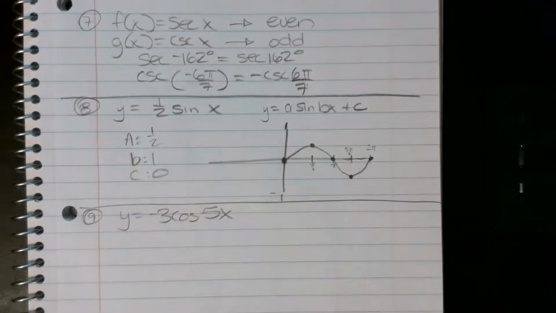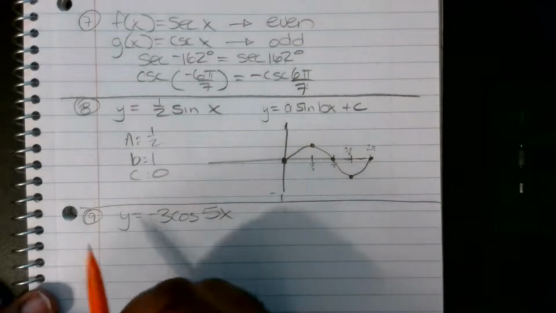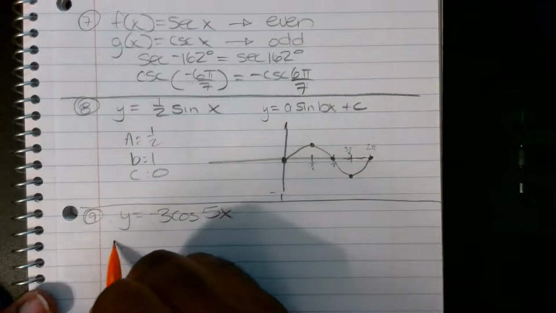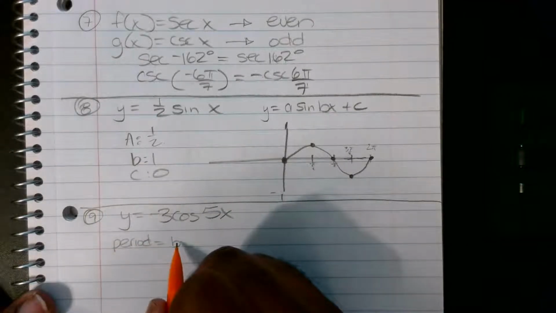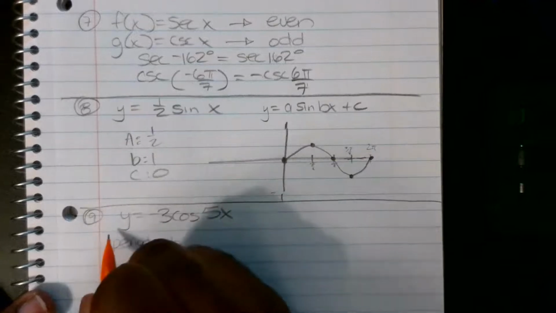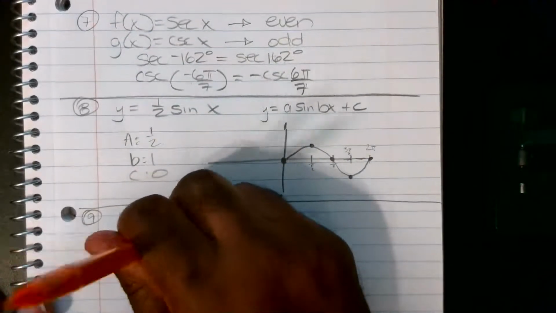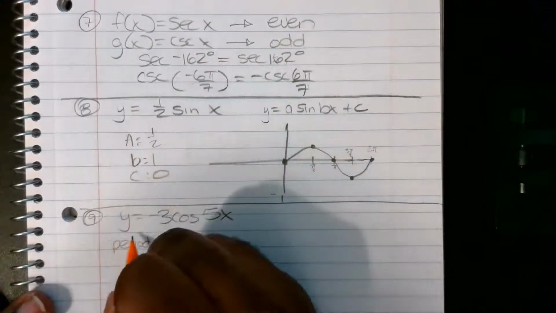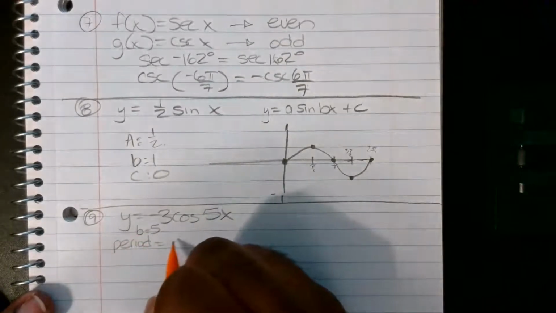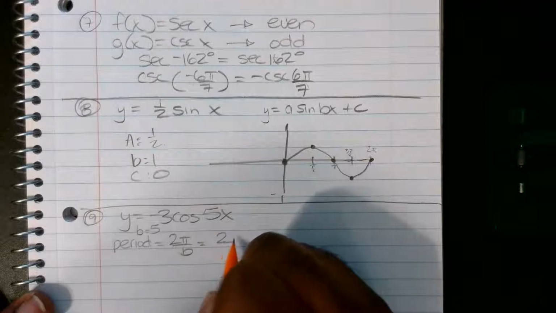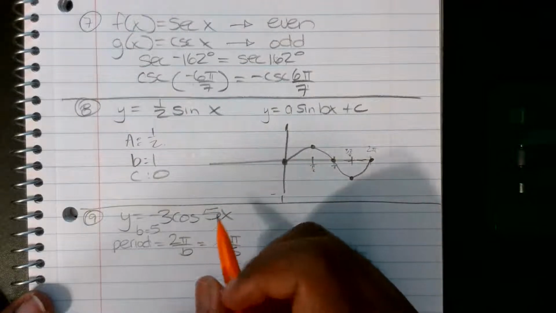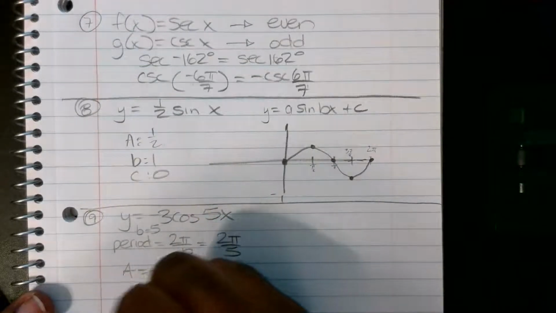They want us to find the period and amplitude with exact values. Your period uses your b value. So b is equal to 5, and your period is equal to 2 pi over b, which is 2 pi over 5. Your amplitude is -3.